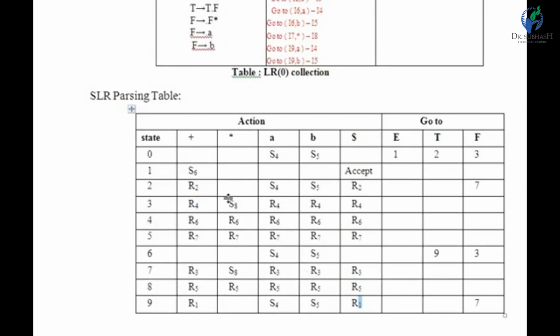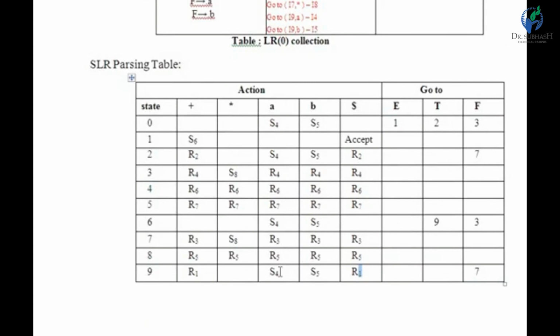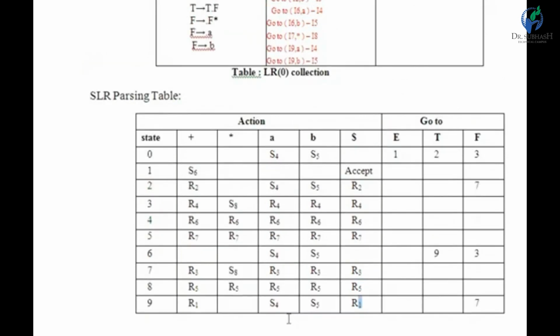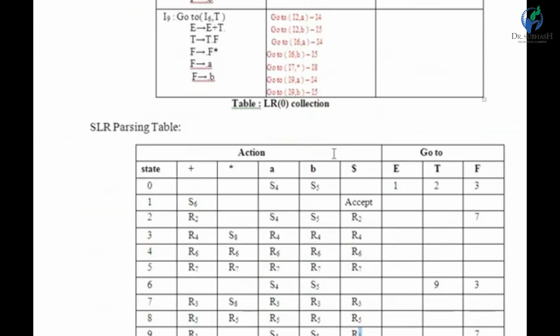So thus you can put shift and reduce entries in the SLR parsing table. So this is the simple LR parsing table. According to the LR collection, you have to fill in all the shift and reduce entries.